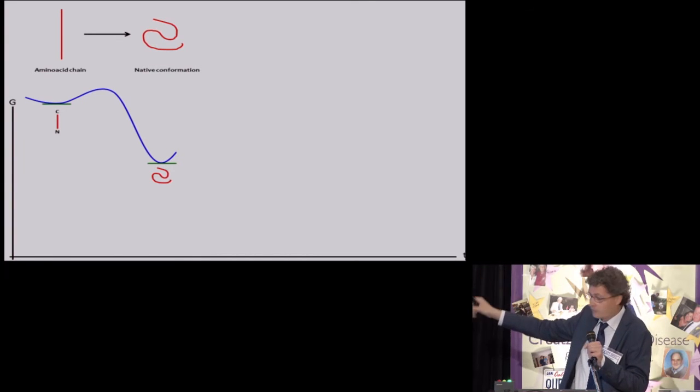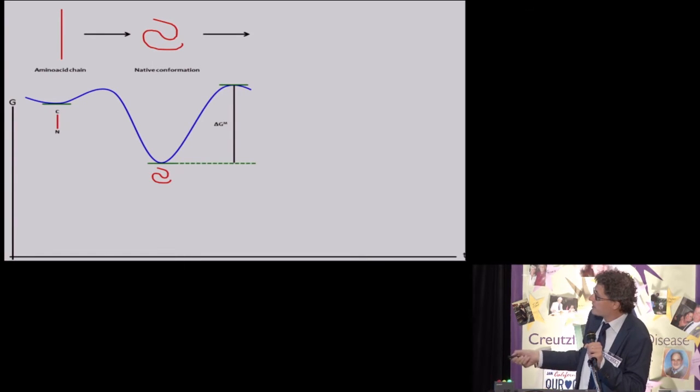Again, we have the polypeptide chain that assumes a conformation. This is now a thermodynamic graph, so energy is on this axis. The native conformation definitely has less energy than the starting polypeptide.